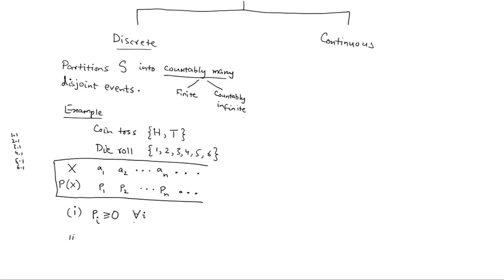And the second property is that since it's a partition, the sum of these probabilities, p1 plus p2 plus ... what will this sum be? The union of a1, a2, an, that will be S. It will be 1. Yes, the sum of these probabilities will be 1. So these are the two properties that a discrete random variable has.